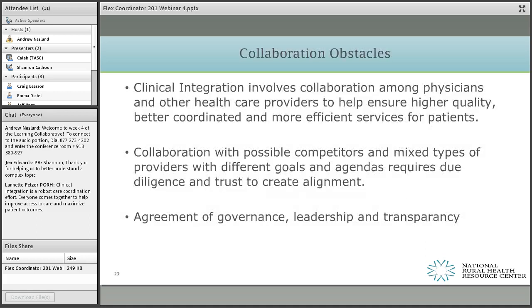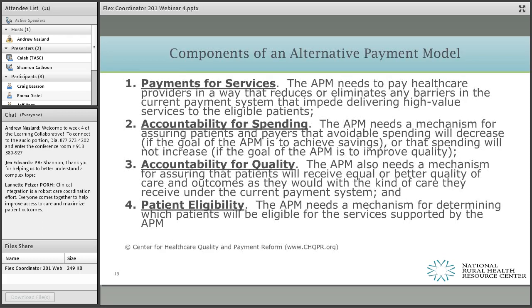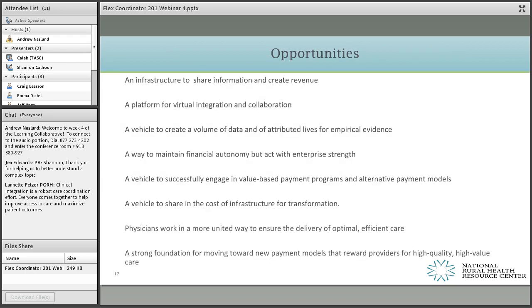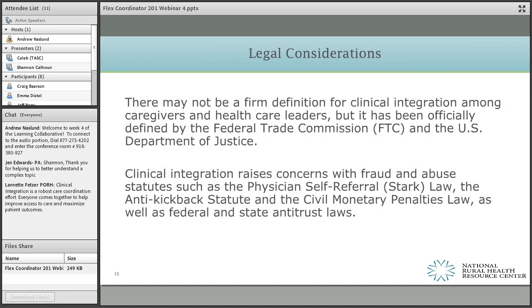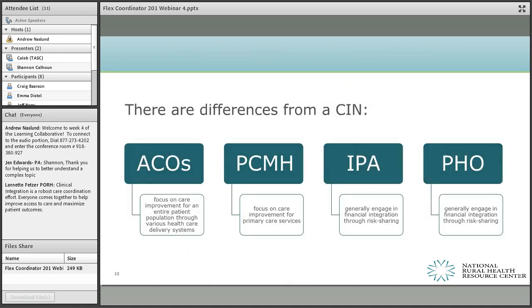Yes, it is, and it's back to that slide that I described, which is continuous improvement. That form of clinical integration, it is, but it can also be a legal vehicle to provide the opportunity to do greater clinical integration than you could with disparate systems. Does that make sense? Hopefully, Lynette, that makes sense with you.